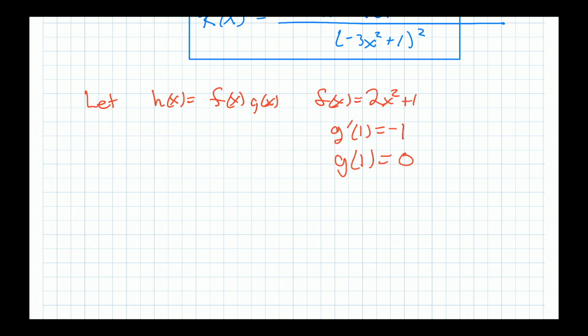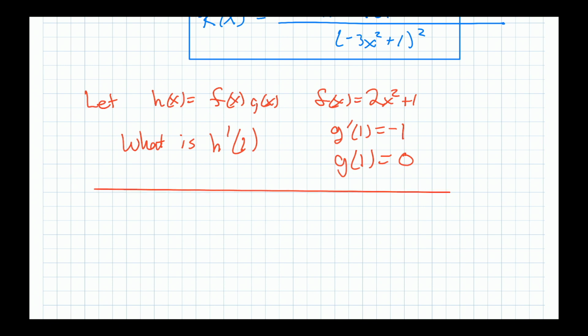And then what they want is h prime of 1. This is weird, okay? Because look over here. They kind of mixed it up. They gave me numbers for g, but then they gave me a function for f. That is quite a strange thing.